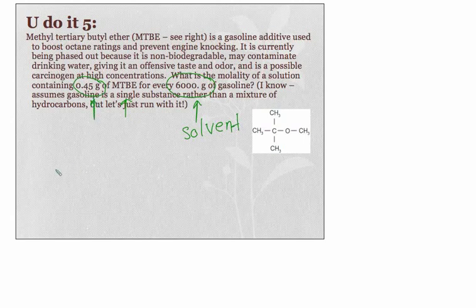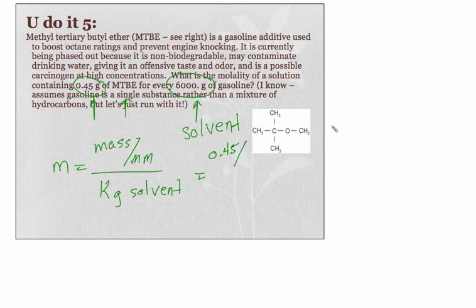And since we have mass, I'm going to use my one step that molality is mass over molar mass divided by my kilograms of solvent. Be very careful going back and forth between kilograms and grams. 0.45. If you look this up, this is C5H12O, and its molar mass you would calculate to be 88.148.